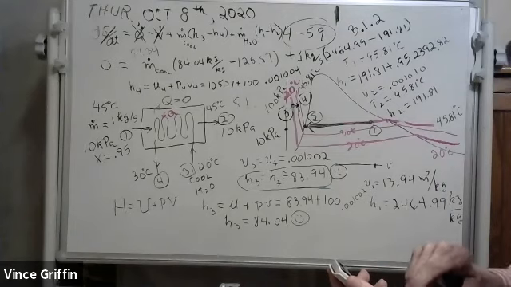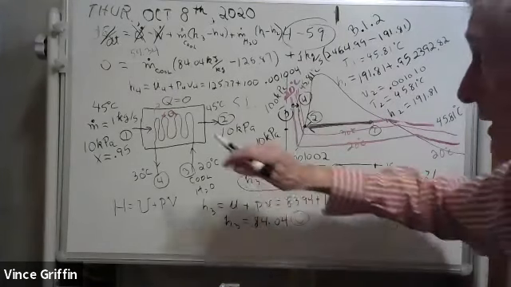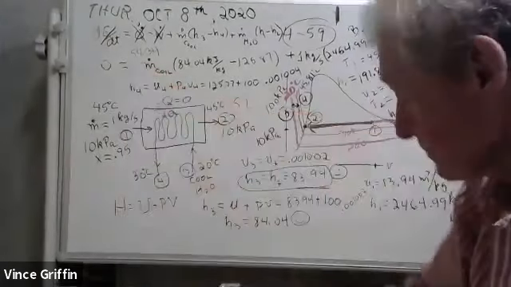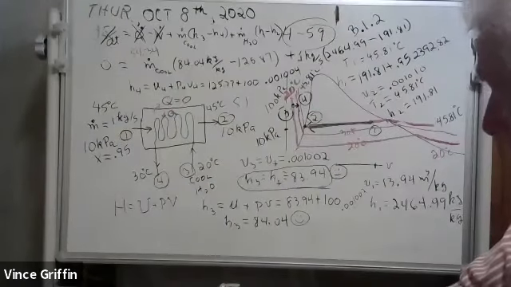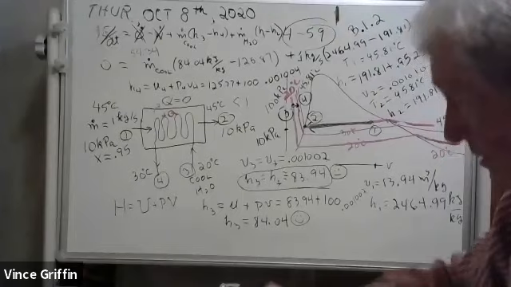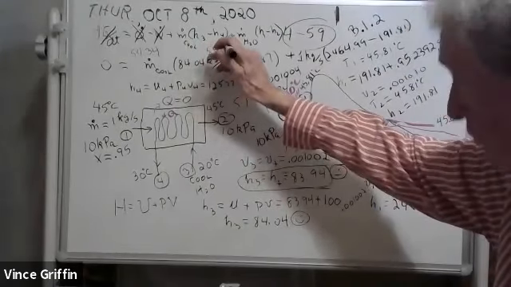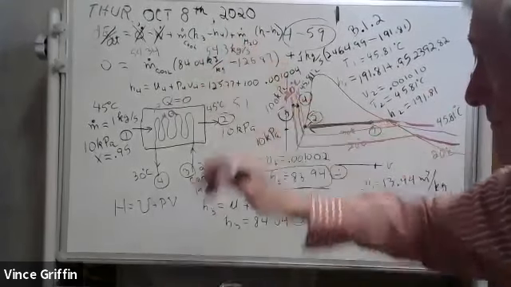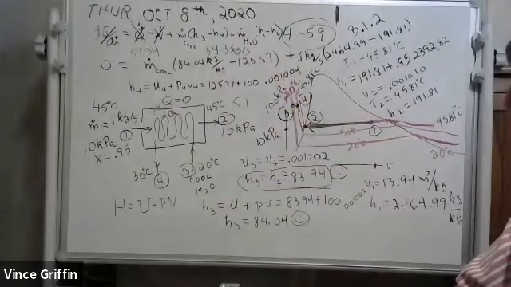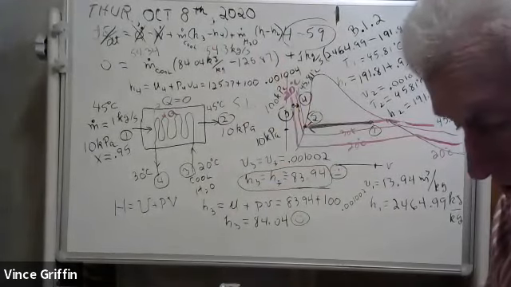Oh, I think I did it the wrong way. It's 54.34. Well, that's what the answer book says. The answer book says 54.3 kilograms per second. So we just did a heat exchanger problem.